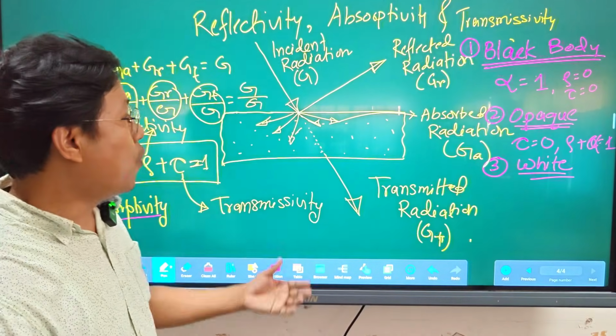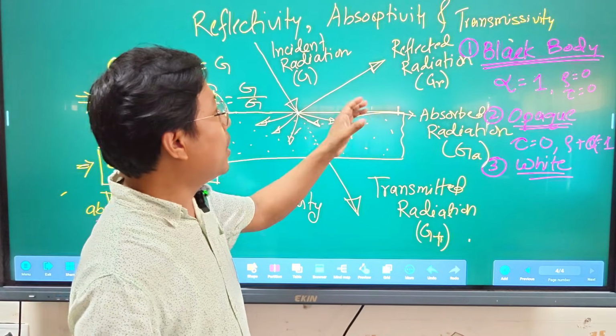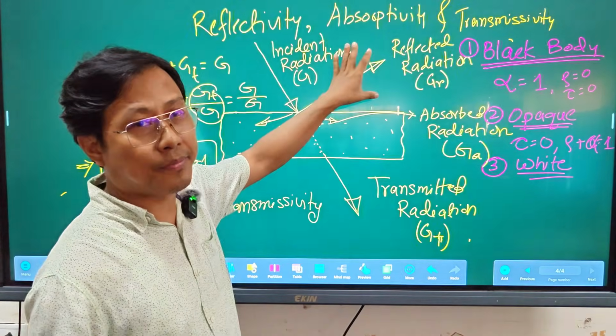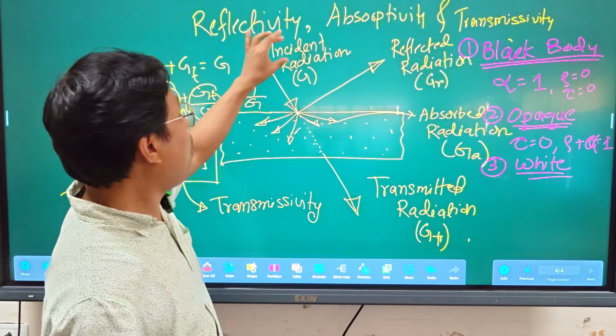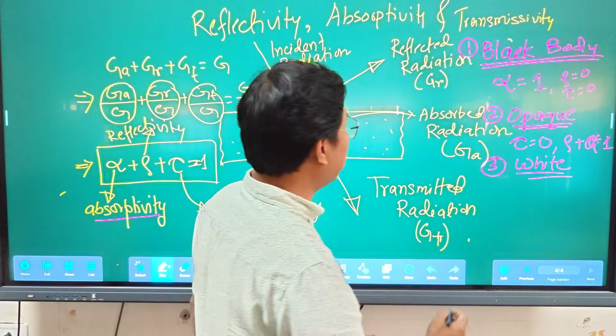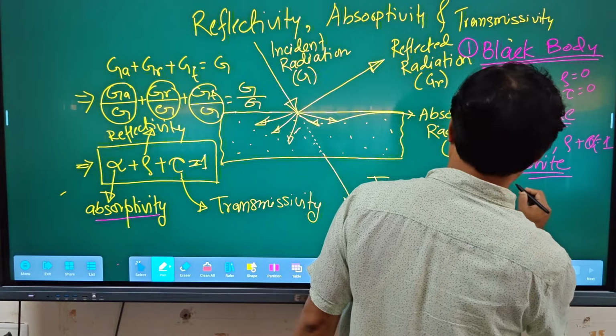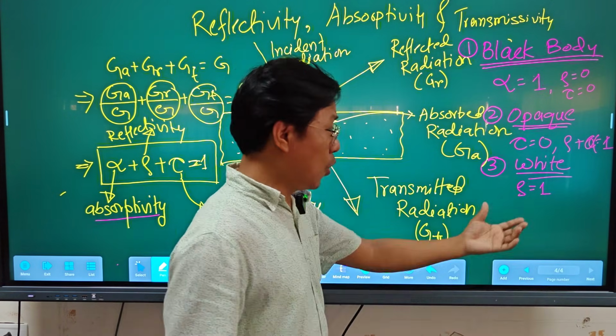In the third case we have the white body. A white body is a body which reflects all the radiation. When all the incident radiation is reflected, that means its rho is 1.